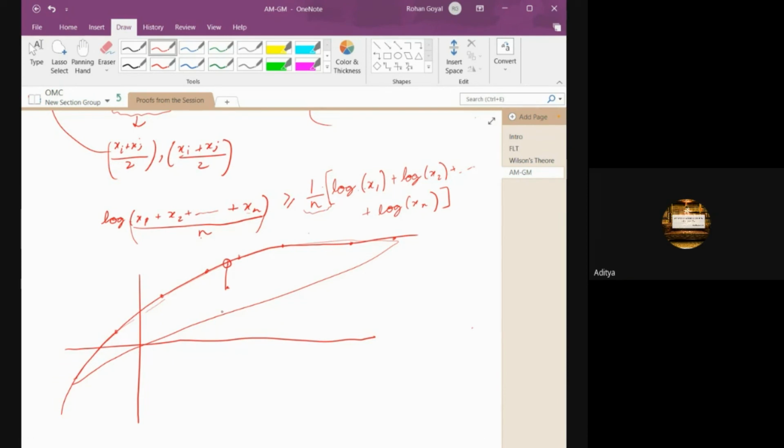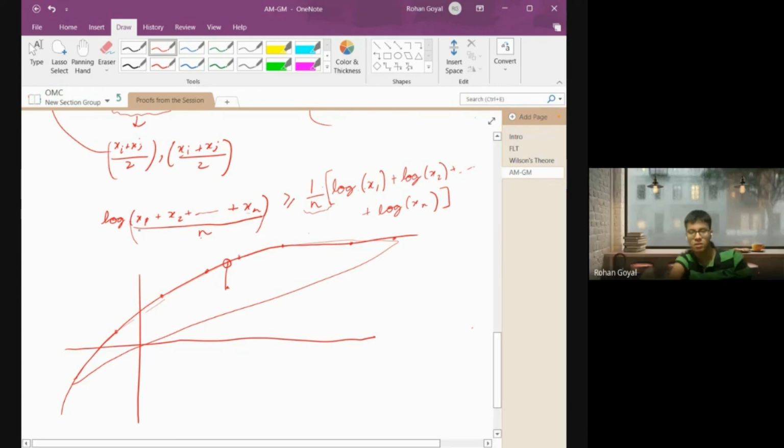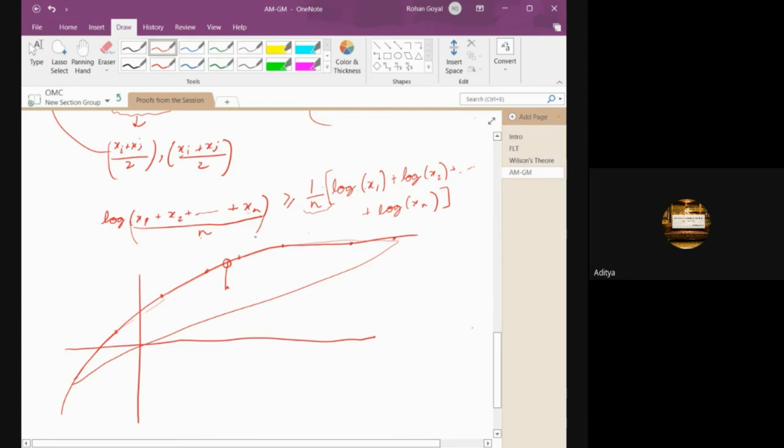On the left hand side, we have a log of the mean of the xi's, and on the right hand side we have a mean of all the log xi's. By the language of expectation, this side is smaller.